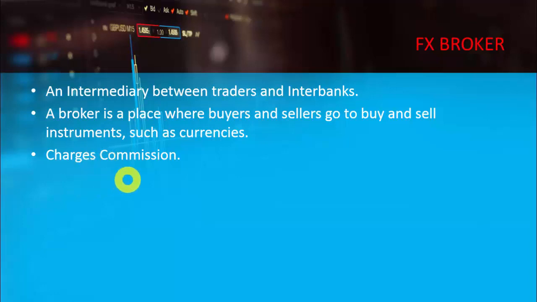In the shape of spread, they will charge commission. Okay, and this commission is their main bread and butter. So basically a forex broker is a place which provides an opportunity for traders to buy and sell the currencies. Now we will see types of forex broker.